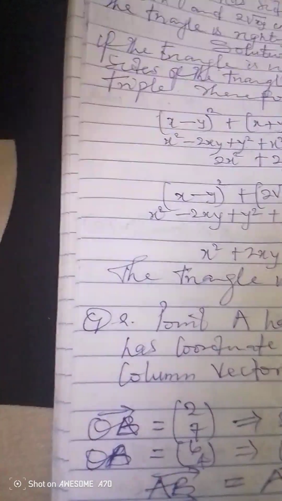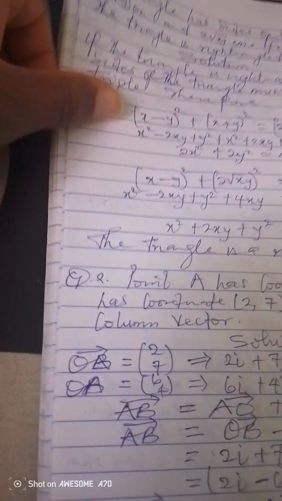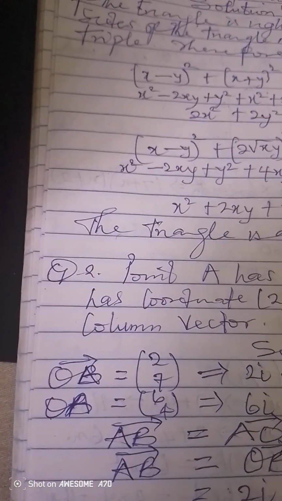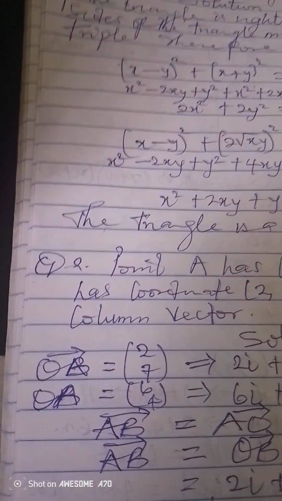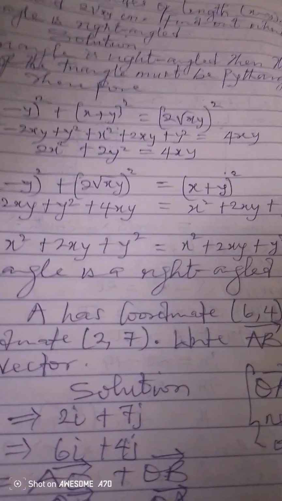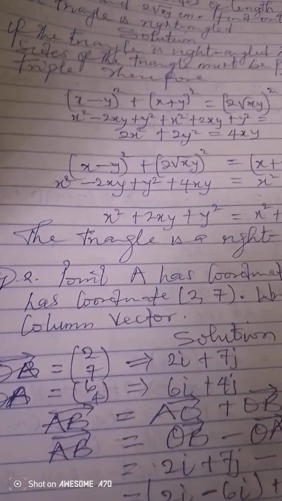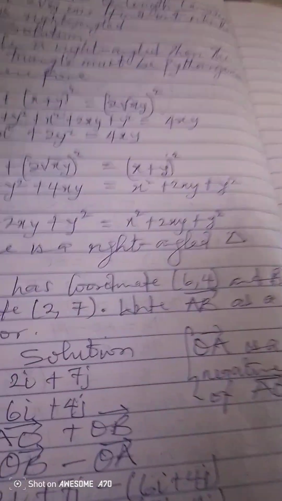So if we have OB given as (2, 7), which we can represent as a column vector or a single matrix as shown, or represent as 2i plus 7j. Then OA, which is (6, 4), or 6i plus 4j.